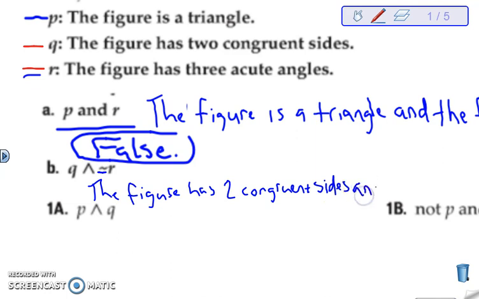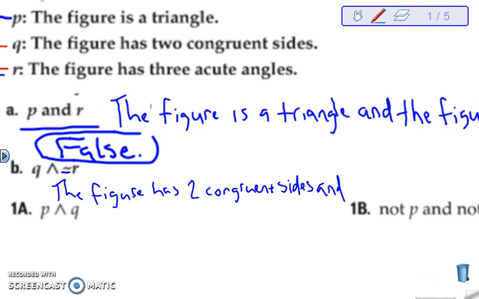And we need to put the not R. So instead of saying that the figure has three acute angles, we will say that the figure does not have three acute angles.